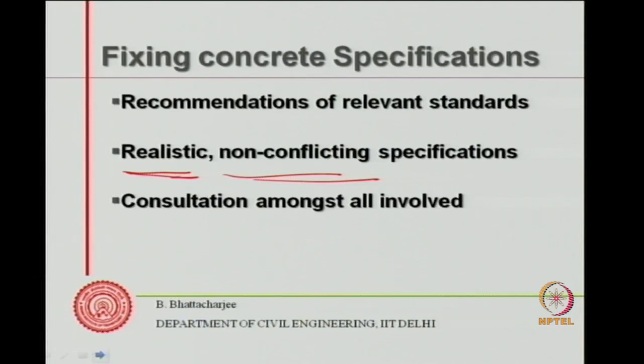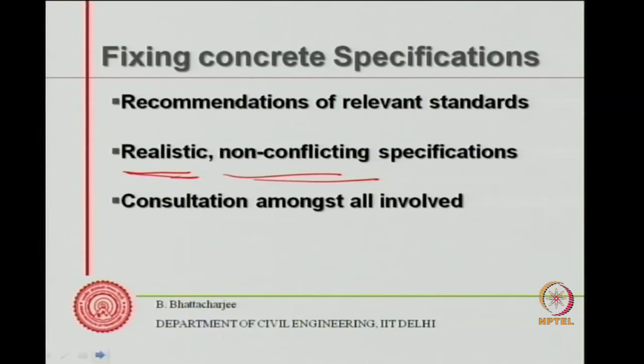Guidelines of the codes are usually taken, relevant standards and code, and then it must be discussed with all parties involved before fixing the specification. Let us say the contractor, the group which will be actually doing the job at the site, execution of the construction, the designer, and depending upon the situation, even sometimes the owner may be involved if they are knowledgeable.